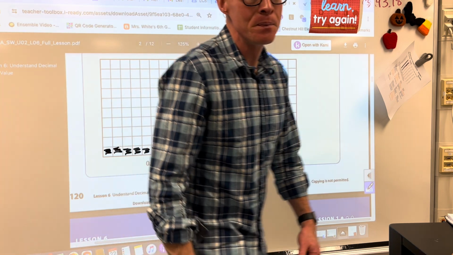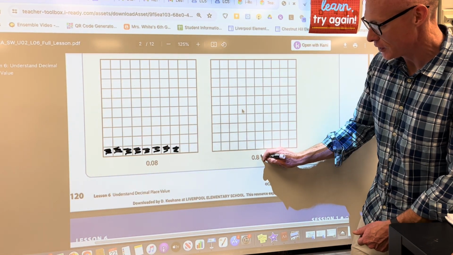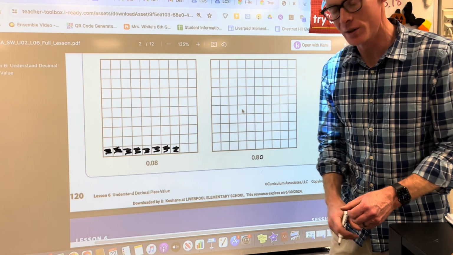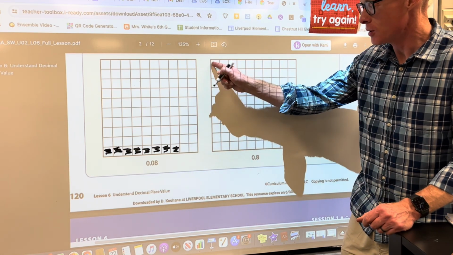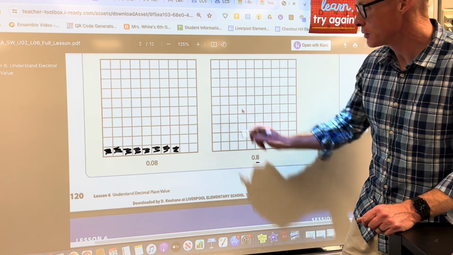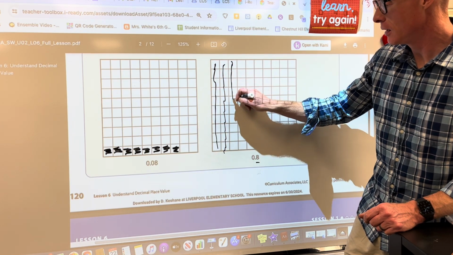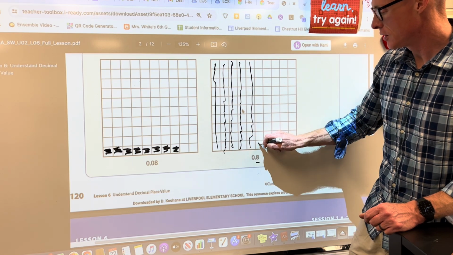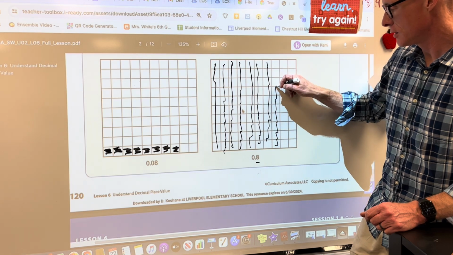Sliding over here. Same thing with the 5, except for this one, it's 8. So we're going to fill in 80/100ths, or 8/10ths. Same thing. So each of those rows are 10, so I have to fill out 8 of those. 1, 2, 3, 4, 5, 6, 7, and 8.